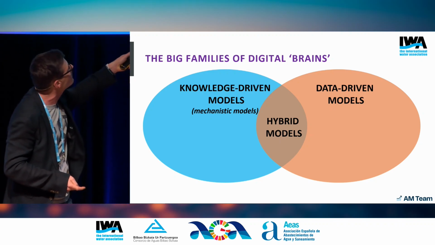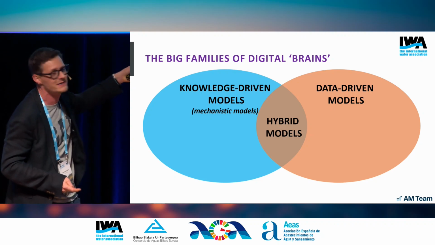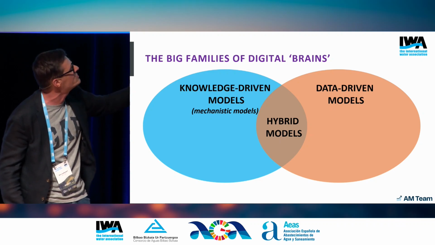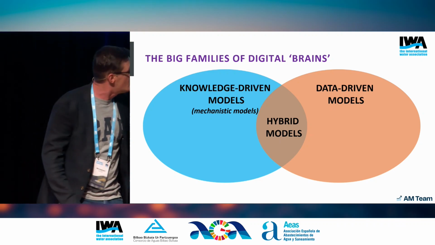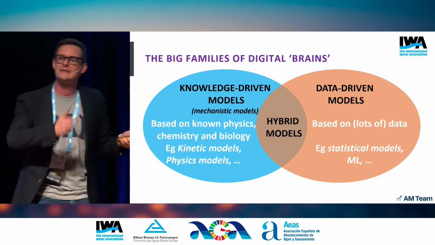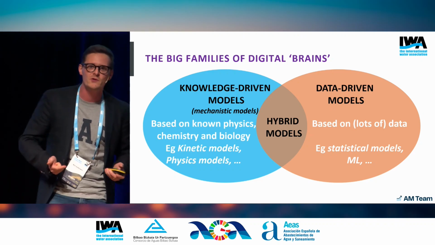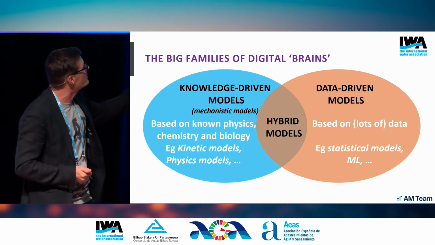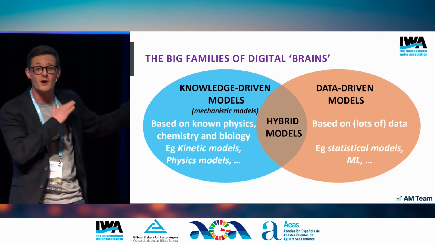On one hand, we have the knowledge-driven models. They are called the mechanistic models, in fact, knowledge-driven models. I'm just naming them knowledge-driven because we can easily compare it with data-driven. So these models are based on physics, biology, chemistry, known laws. They are published equations, yeah? So for example, kinetic models, physical models, there are a lot of them.